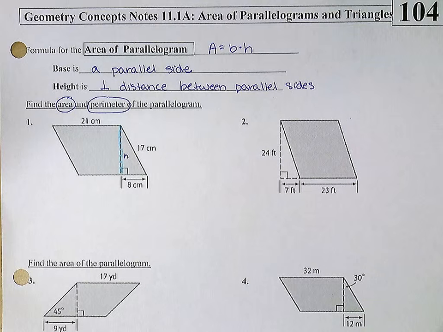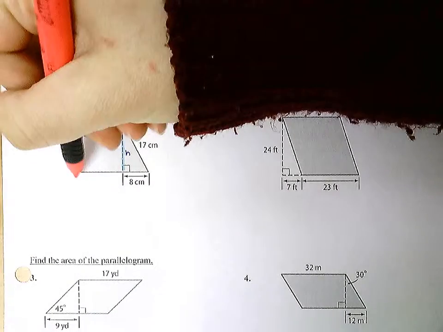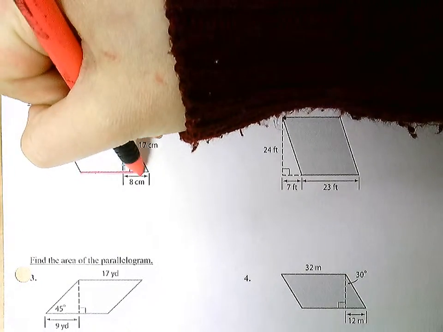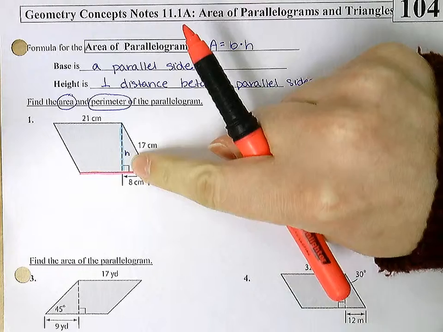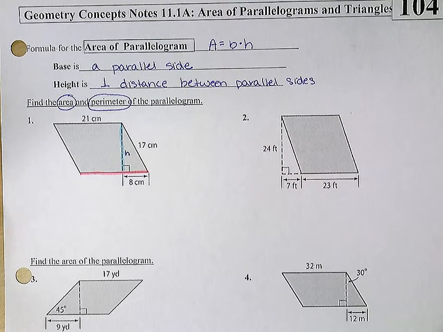Okay, so that line is your height. That means your base has to be where that line meets with that 90-degree angle. Okay, so that side that meets your height at the 90-degree angle, that has to be your base.